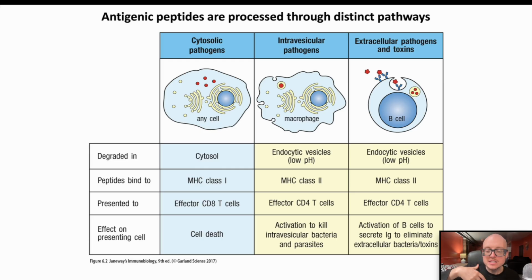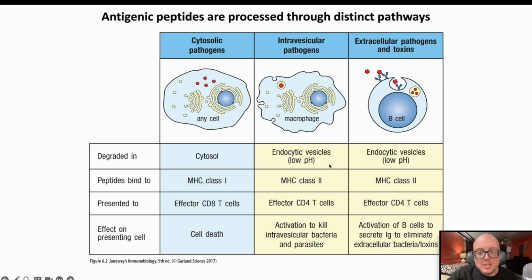And in return, that CD4 T cell secretes cytokines, which signal back onto the B cell in ways that activate its ability to produce immunoglobulins, to undergo class switching, and so on. And in so doing, it unlocks all the effector mechanisms associated with antibody secretion. So just a few categories here of different types of pathogens, the types of T cells they tend to activate, and the roles for each in various types of immune responses.